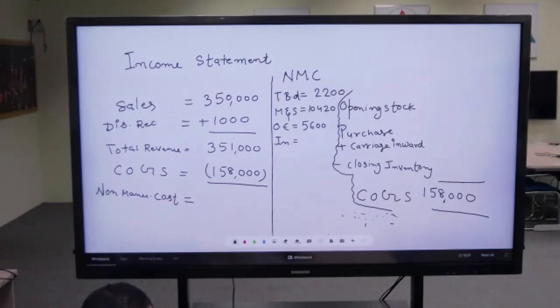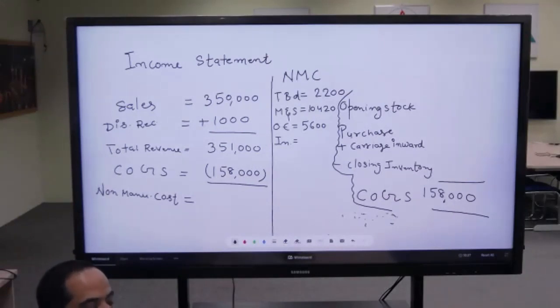Not 7,700. Anybody else? What is the insurance? Why did you say 7,700?